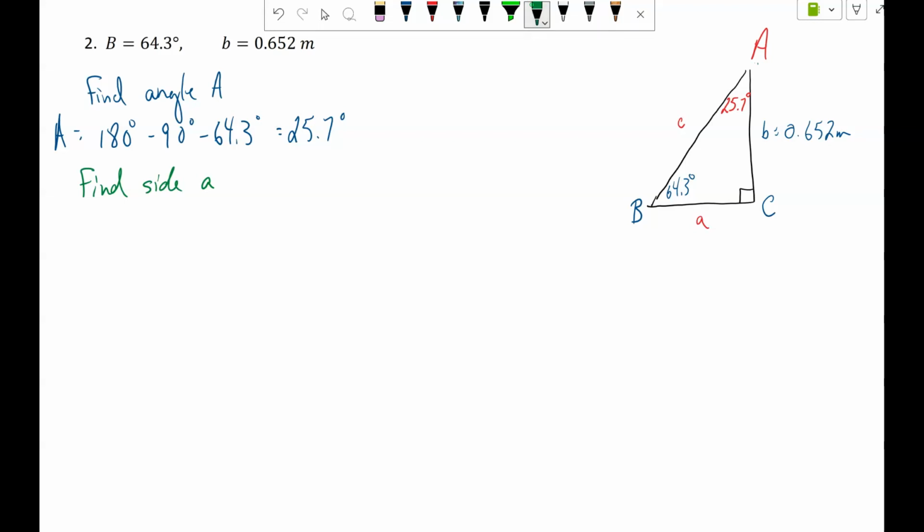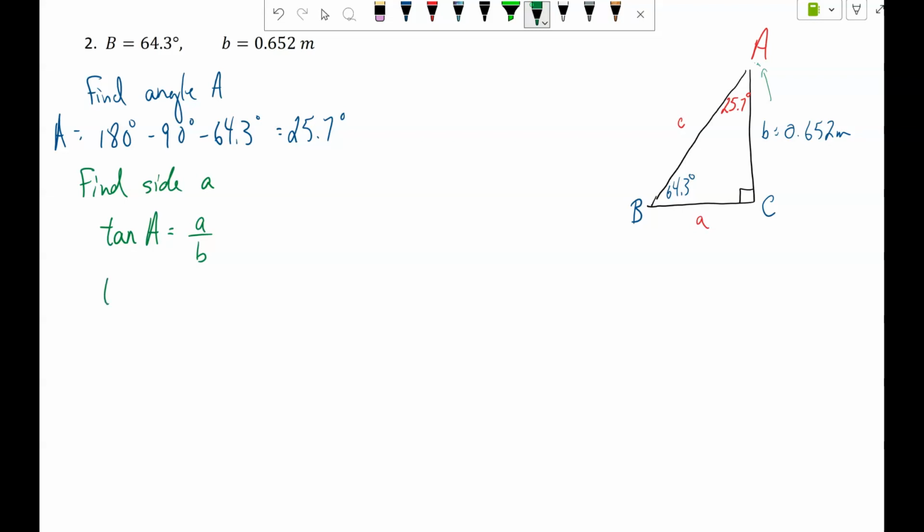It's opposite angle A. And B is adjacent to angle A. So opposite over adjacent is tan. So we can say that the tan of angle A, and I'll write it as a formula first, tan of A is A over B. Tan of A is its opposite over the adjacent.